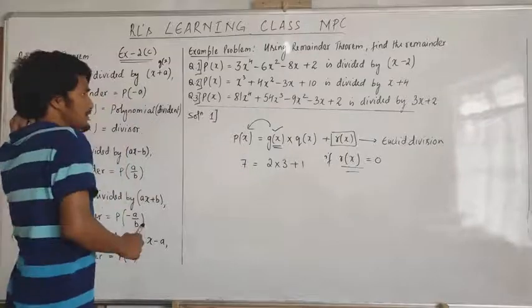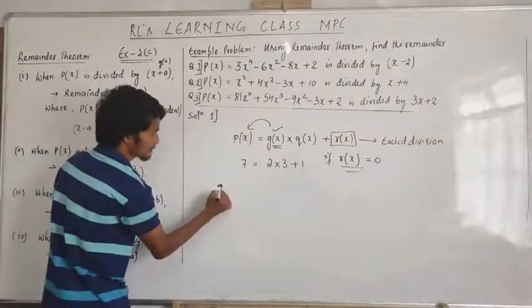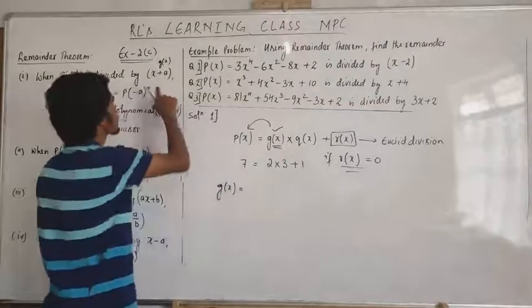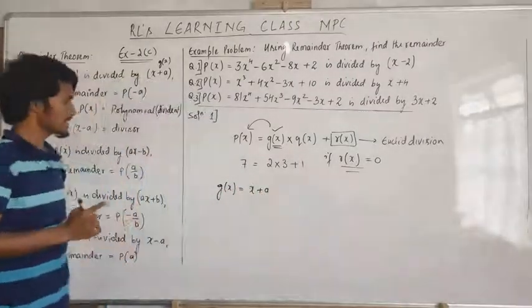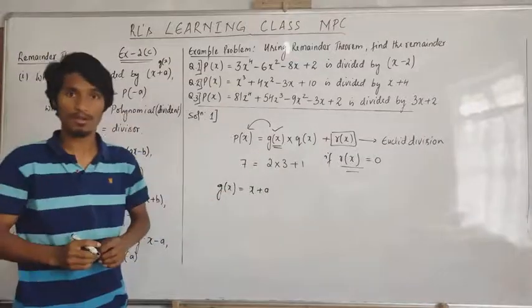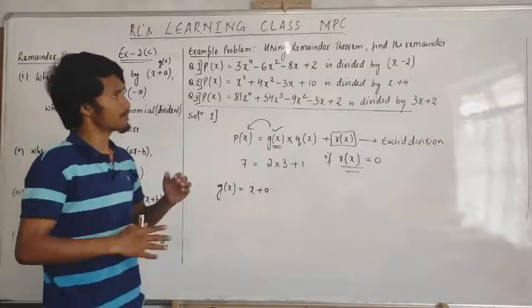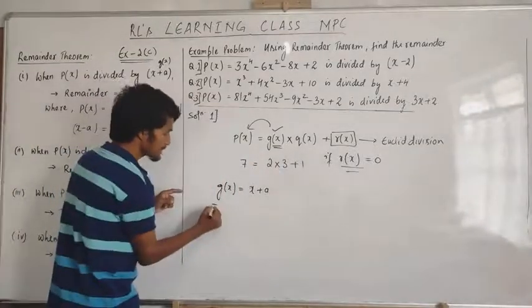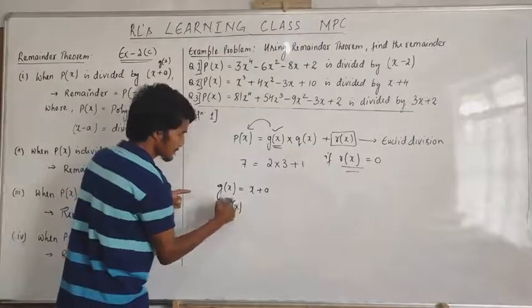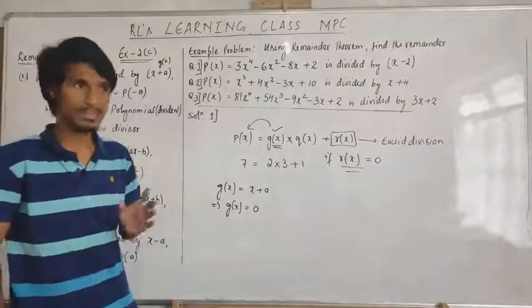Okay, from where did we get this minus here? Let's say this is G of X. G of X is equal to X plus A. Then, from the remainder theorem, we just take this G of X equal to 0.